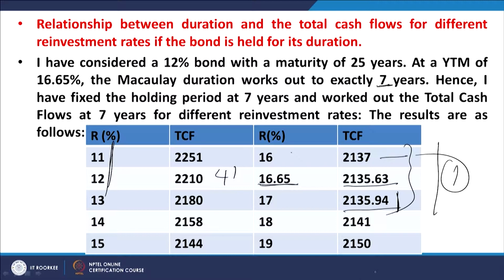As you can see, it increases here and it increases here. Therefore, if you plot total cash flow against the YTM, you are likely to get something like this, and this region is relatively flat. So, that is the relevance of duration. That is the very important concept of duration, that it reduces your risk.